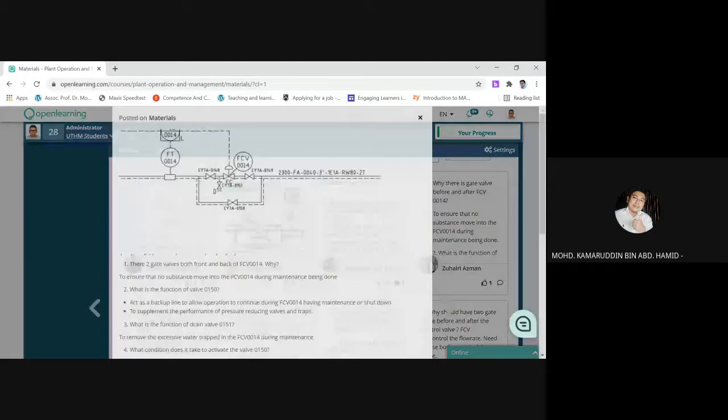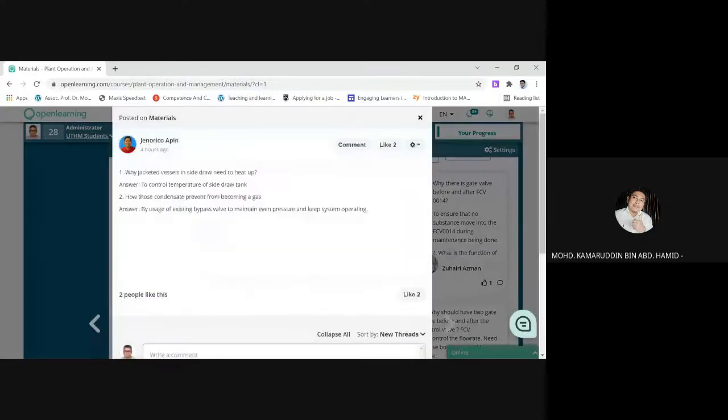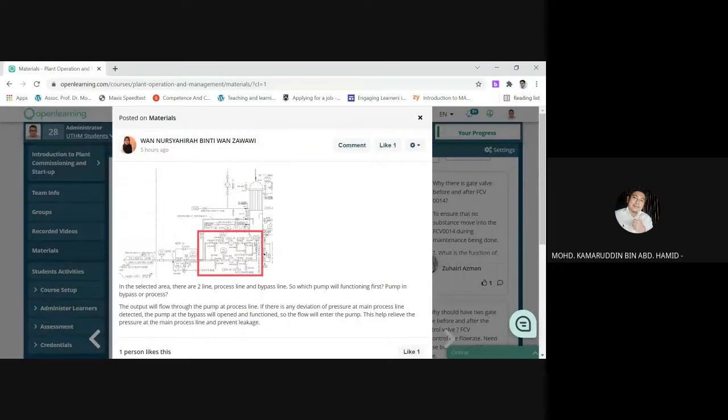Ada gambar pump tadi itu si Hira. Kenapa tak ada bypass?